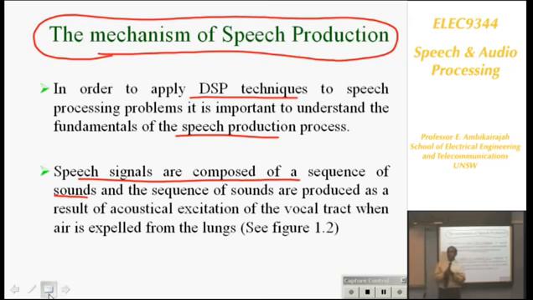For example, in English, there are two types of sounds, voiced and unvoiced. For a voiced sound like ah, the vocal cord vibrates. If you say that, you can hold two fingers here and feel the vibration. But for an unvoiced sound like S, the vocal cord does not vibrate.